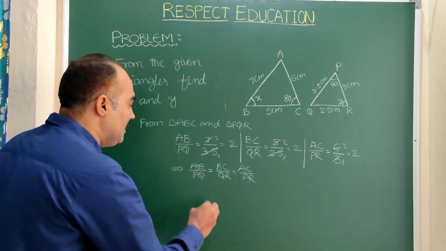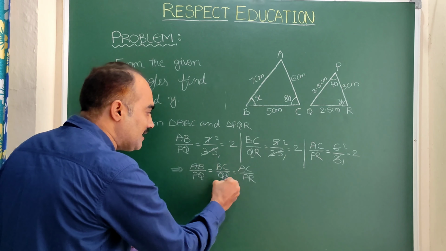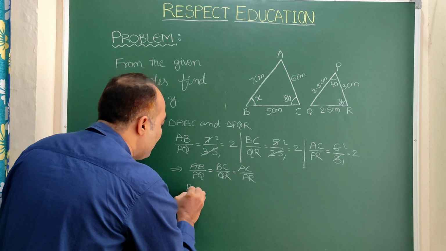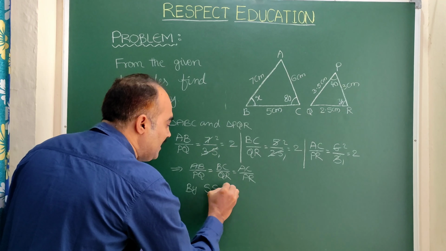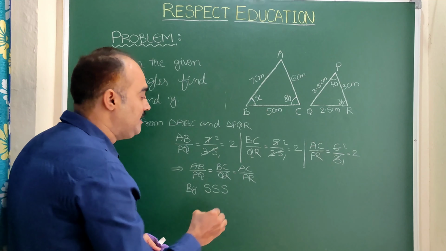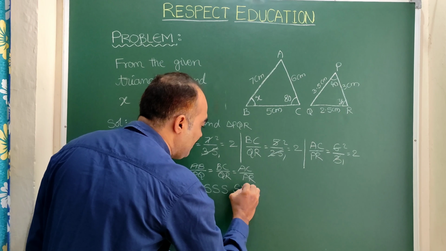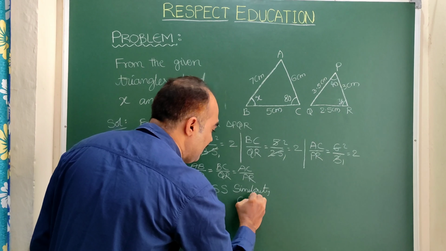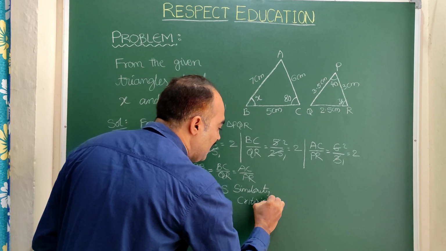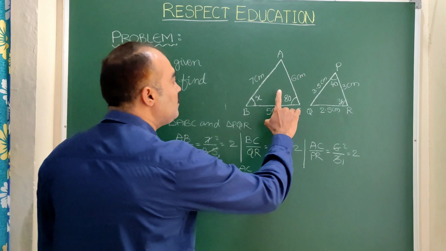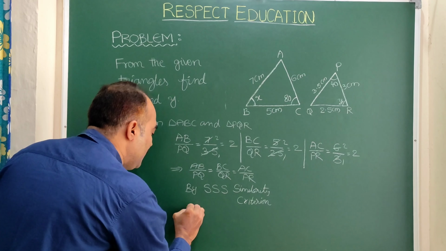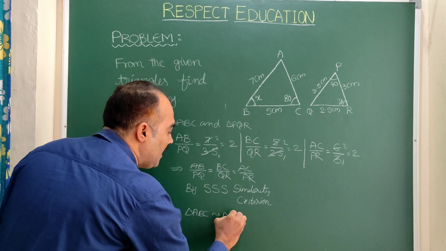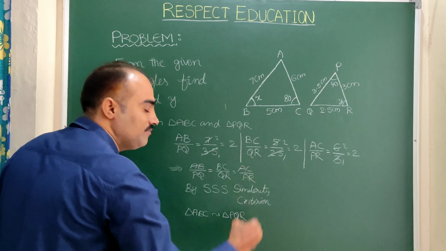That means by SSS similarity criterion, we can say that triangle ABC is similar to triangle PQR.